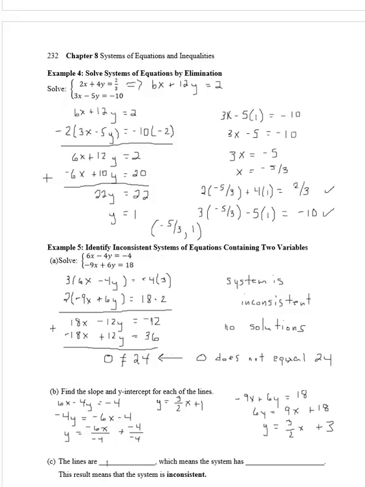So these lines are parallel. How do we know they're parallel? They have the same slope, but different y-intercepts, which, since they're parallel, the system has no solutions. And again, that's what we call inconsistent.